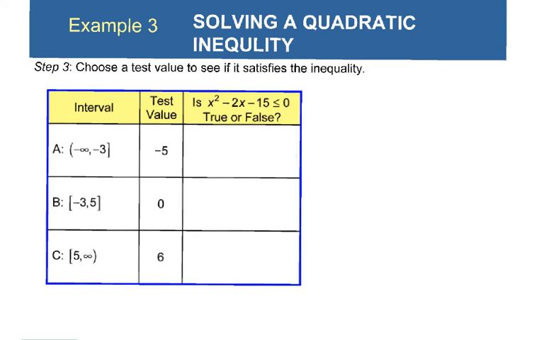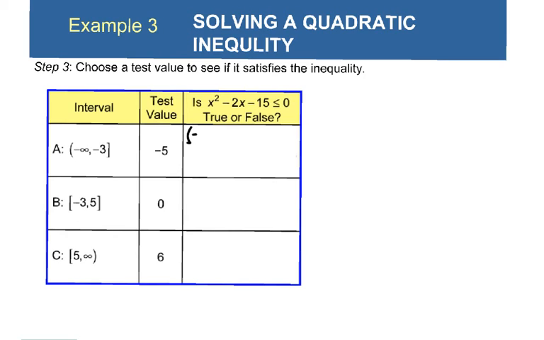An x value that we can test in our inequality here is -5 because -5 is in this interval somewhere. Same goes with 0. 0 is in this interval somewhere, and 6 is in this interval somewhere. So we just need to pick a test value that is inside our interval, and then we're going to plug it into our inequality.